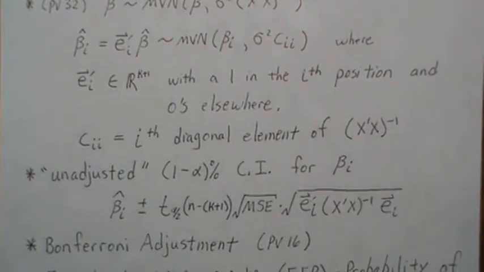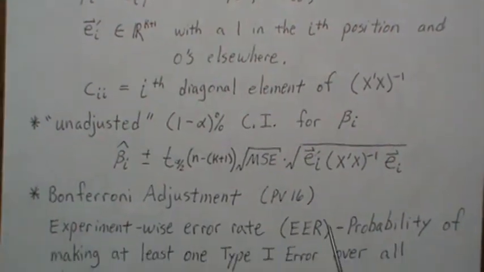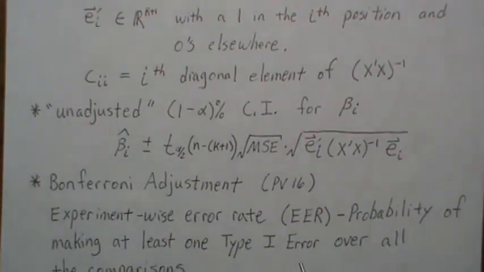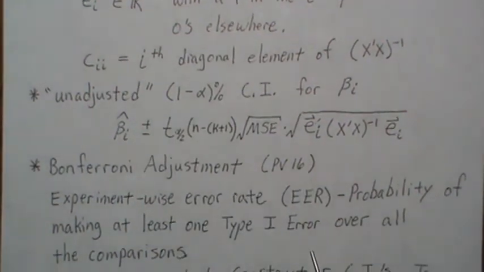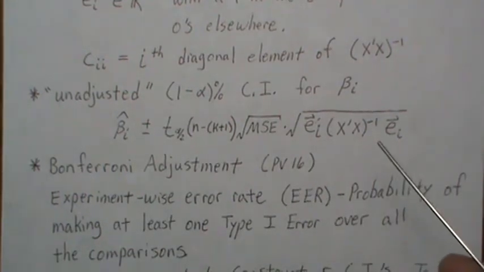Now, a Bonferroni adjustment, and previous video 16 in this playlist has maybe a little more if you want to review that video. So the experiment-wise error rate is the probability of making at least one type 1 error over all the comparisons of interest. And so the more you look for things, the more you find, the more chance you have of an error also.